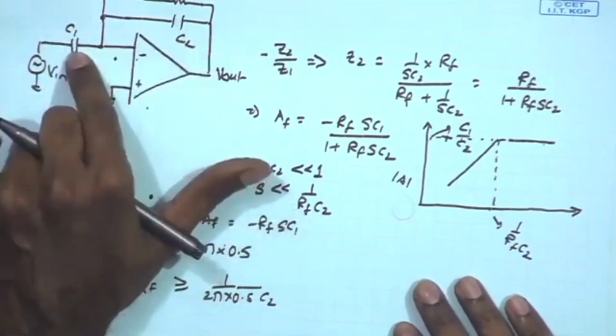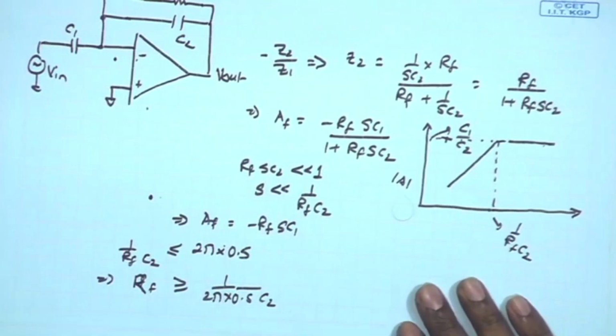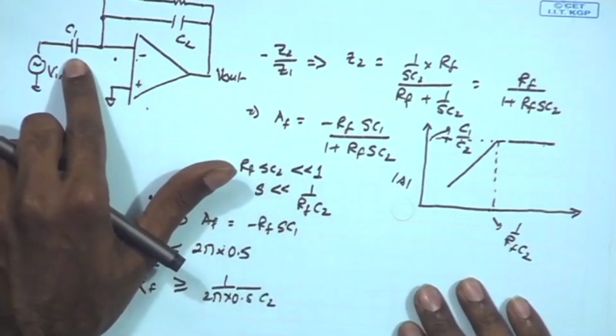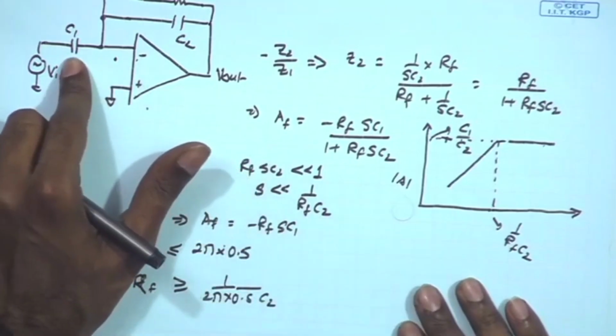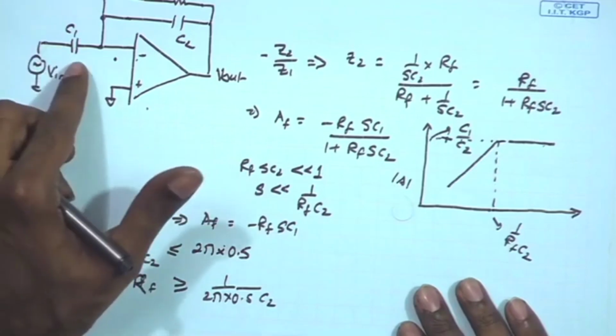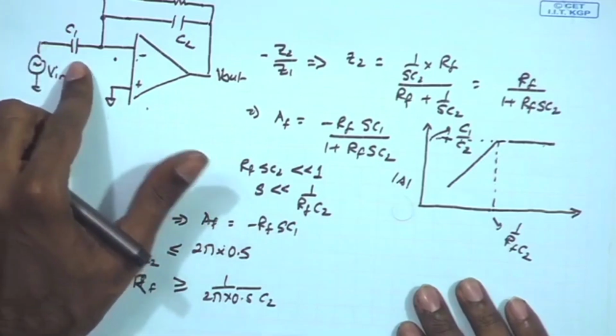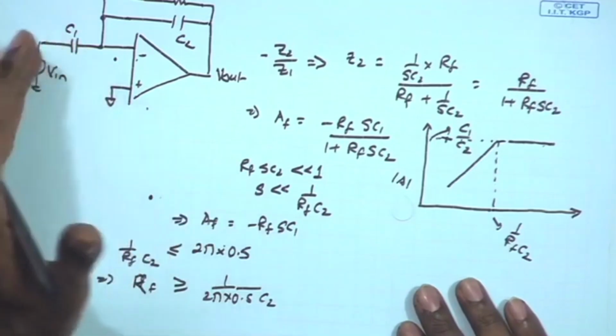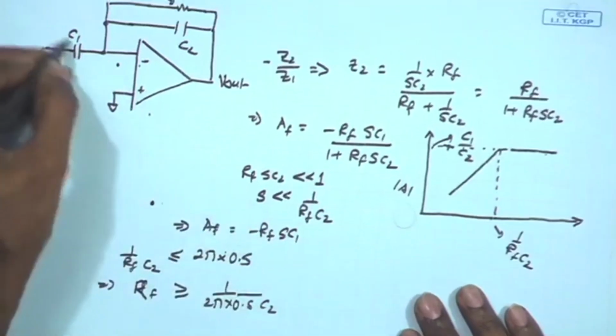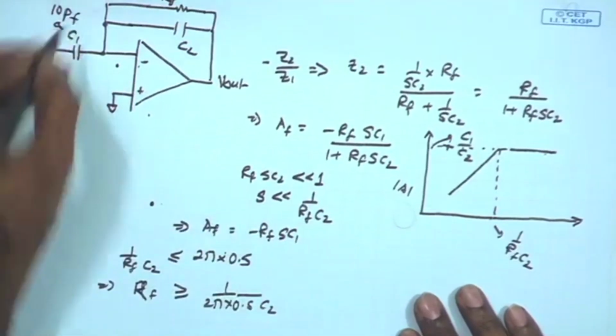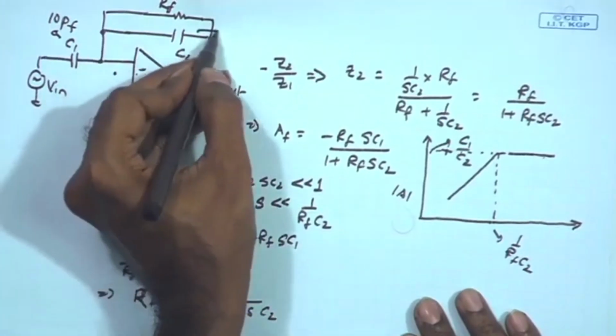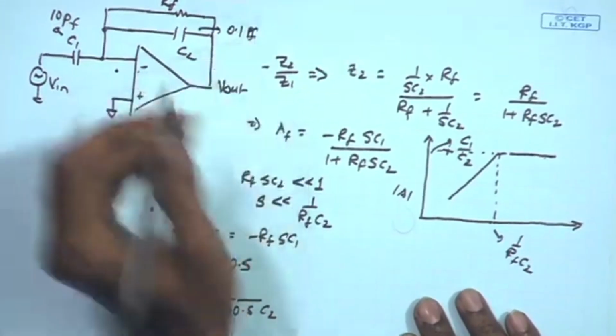In that case, C2 is 100 times smaller than C1. As a ballpark number, the maximum value of a capacitor that you will have in a single channel, suppose it is 10 picofarad, is also on a higher side. Generally, it can be further smaller, but suppose we are choosing C1 to be 10 picofarad, and as a result C2 is around 0.1 picofarad, just rough numbers.